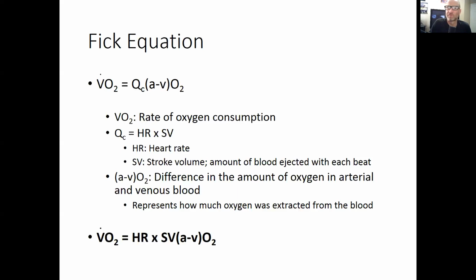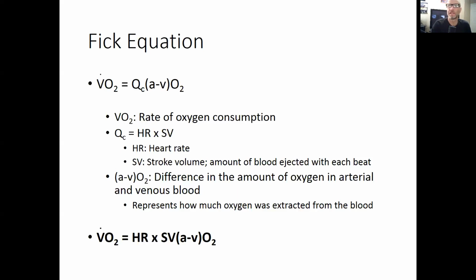And from that, we can figure out how much oxygen was used by the tissue. So it's a pretty complicated process, and it's not something that's easy to adapt to using outside in actual exercise. Heart rate's super easy to measure because we just put on a heart rate monitor and we're able to pick up the rate of the heart beating.